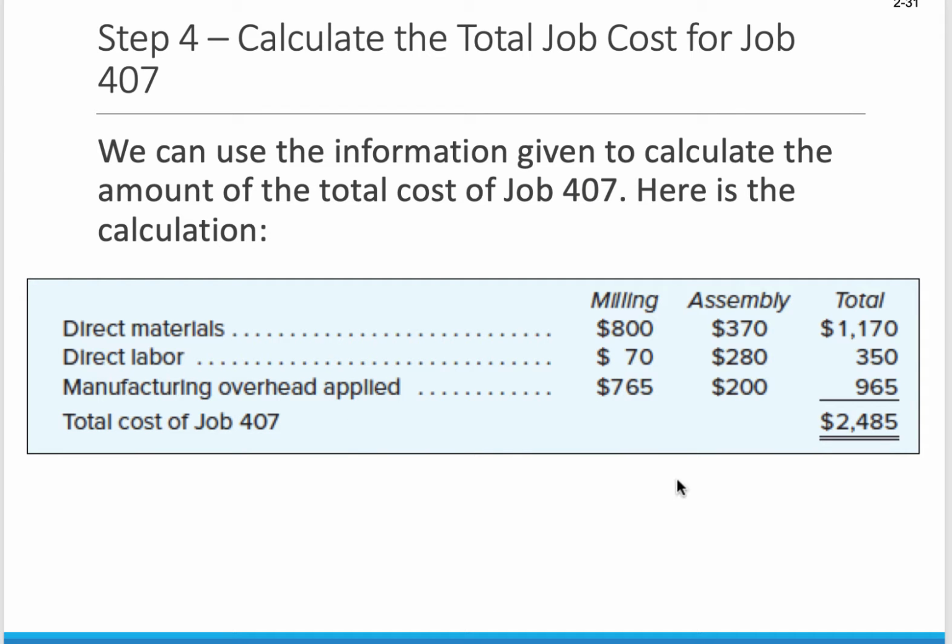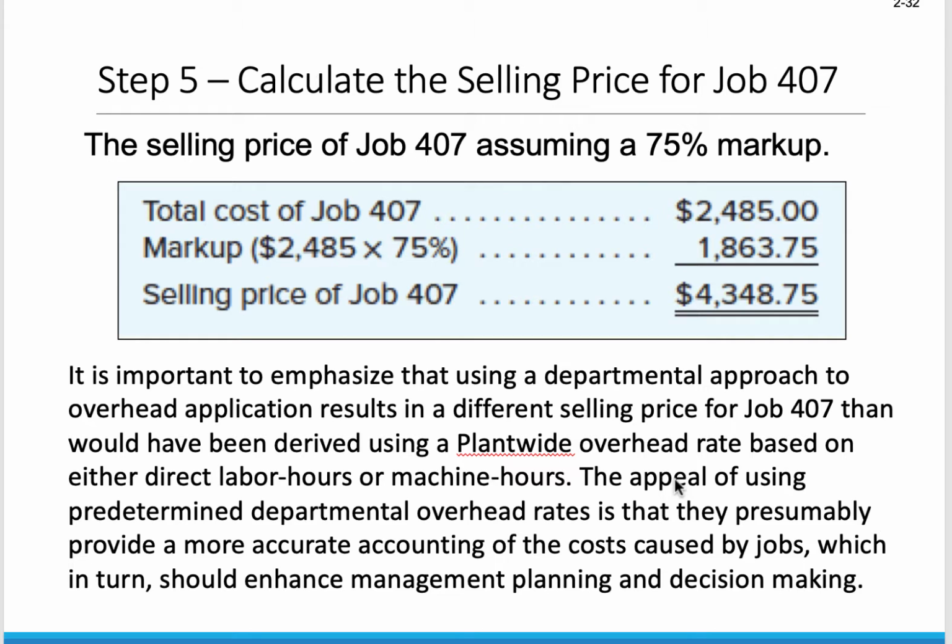That is our total cost. We're going to mark it up 75% of the total cost, which is 2,485. The markup is $1,863.75.